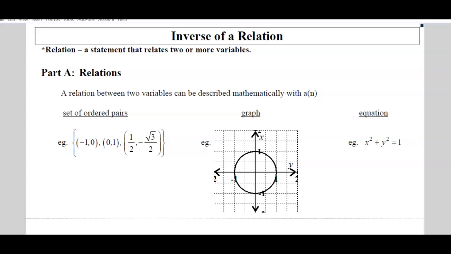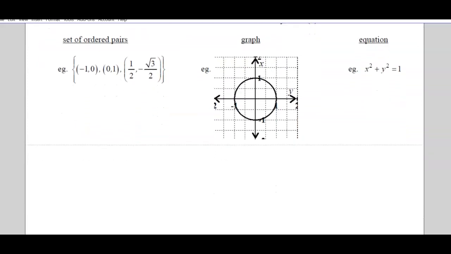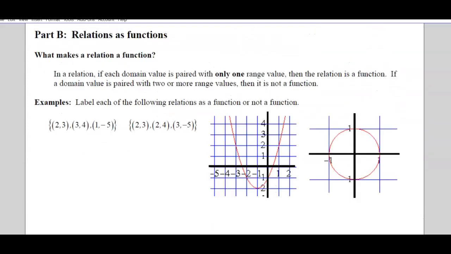Okay, so it says relation. A reminder: a relation between two variables can be described mathematically by a set of ordered pairs, a graph, or an equation. This is review for Math 10. What makes a relation a function?